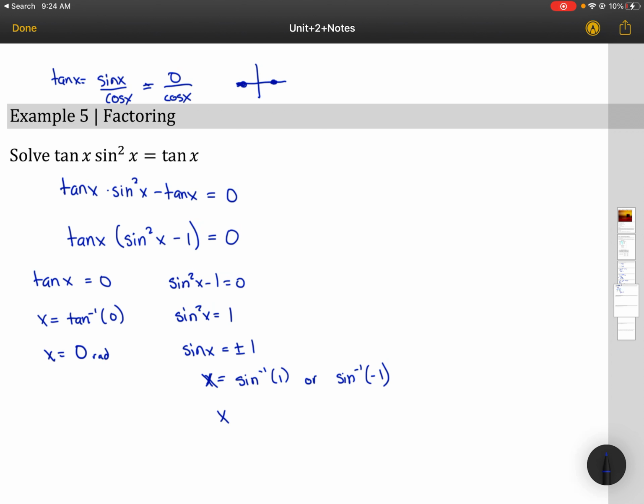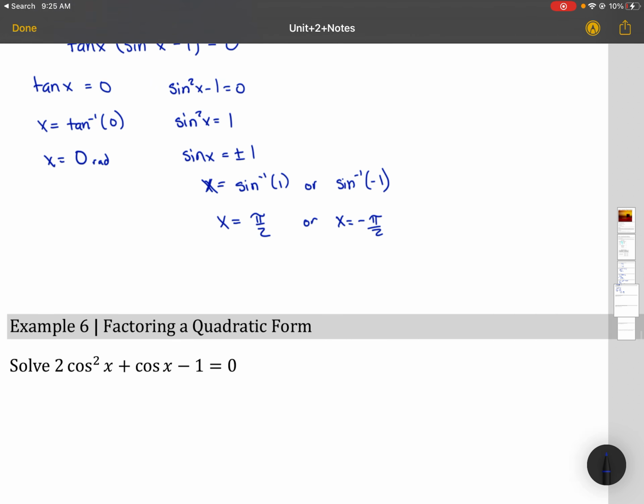In the case of x equaling sine inverse 1, x is going to equal pi over 2. In the case of sine inverse negative 1, x is going to equal negative pi over 2. So our three solutions are 0, pi over 2, and negative pi divided by 2.